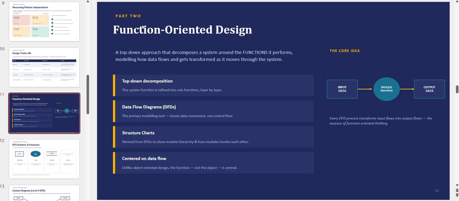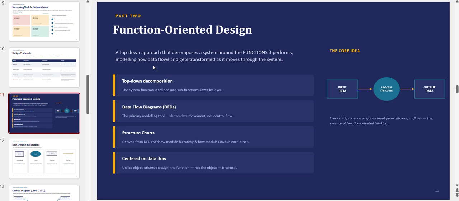Now we will see function-oriented design. This is a top-down approach that decomposes a system around the functions it performs, modeling how data flows and gets transformed as it moves through the system. The core idea is that first we process a function, and it gives output data.